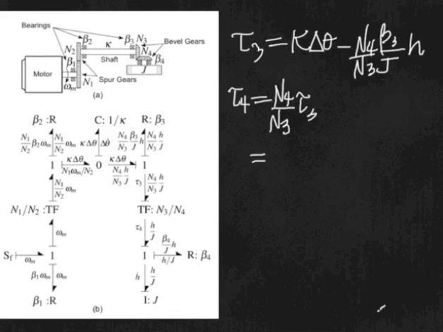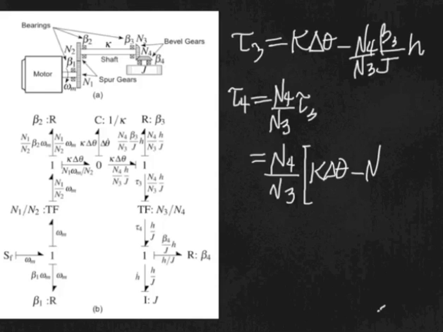That is n4 divided by n3 times the quantity kappa delta theta minus n4 over n3 times beta 3 over j times h.